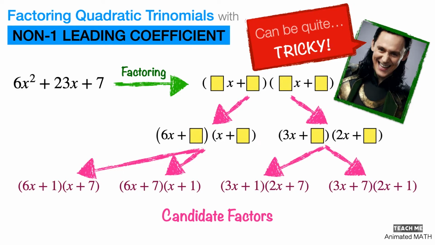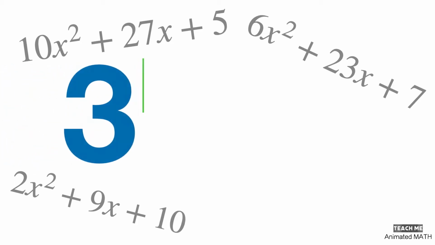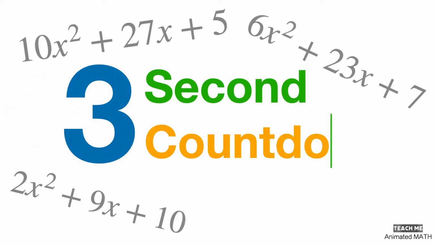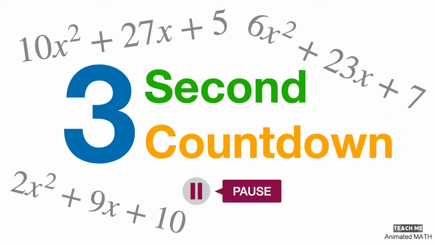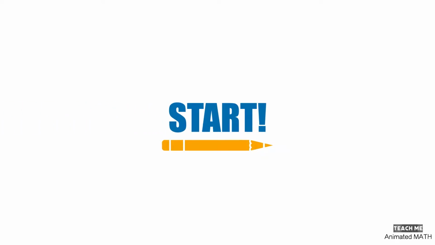So, let's proceed to the solve-along worksheet. There will be a 3-second countdown before I start solving each problem. You can pause the video to solve it on your own first, and then continue playing the video to see if you're correct. Alright, let's learn how to factor quadratic trinomials with non-1 leading coefficient.